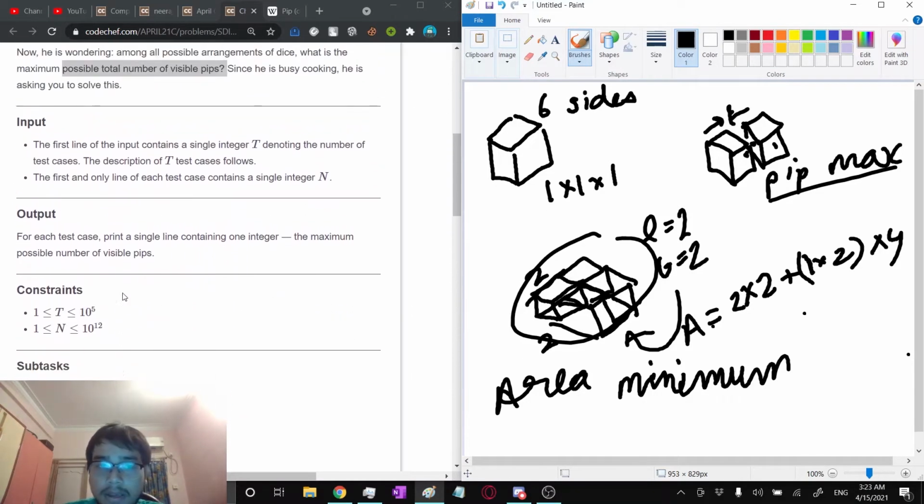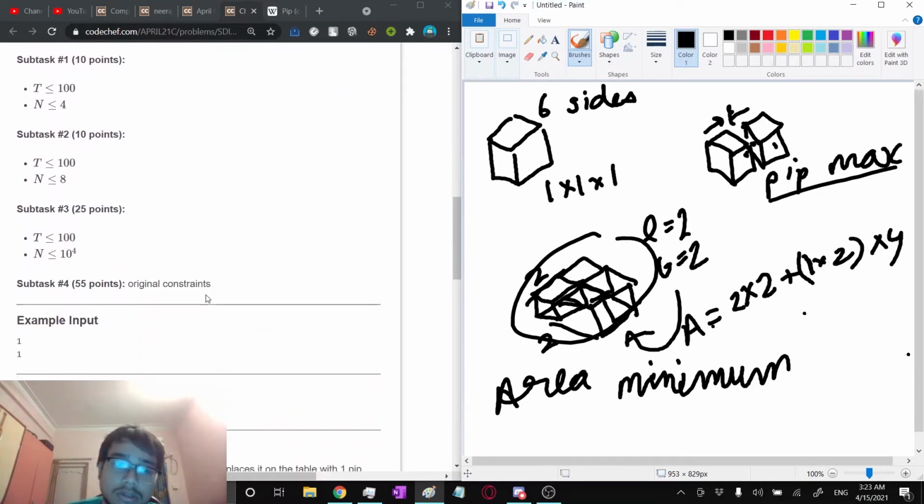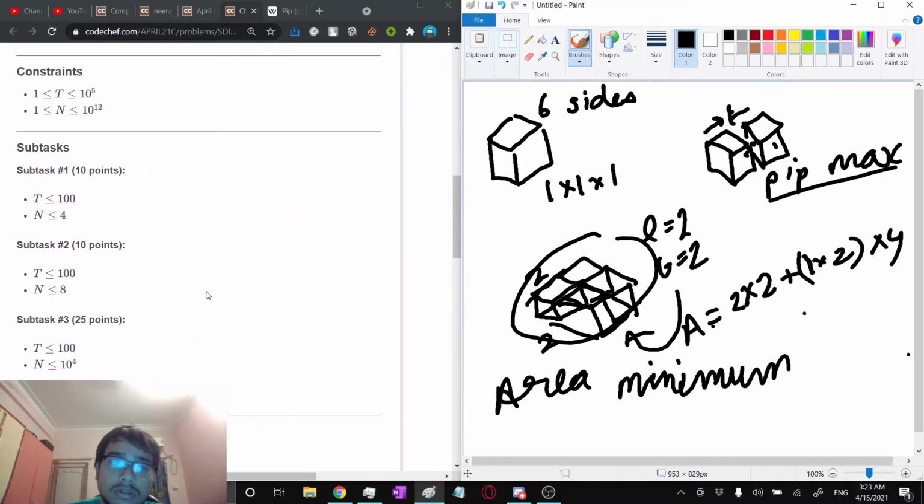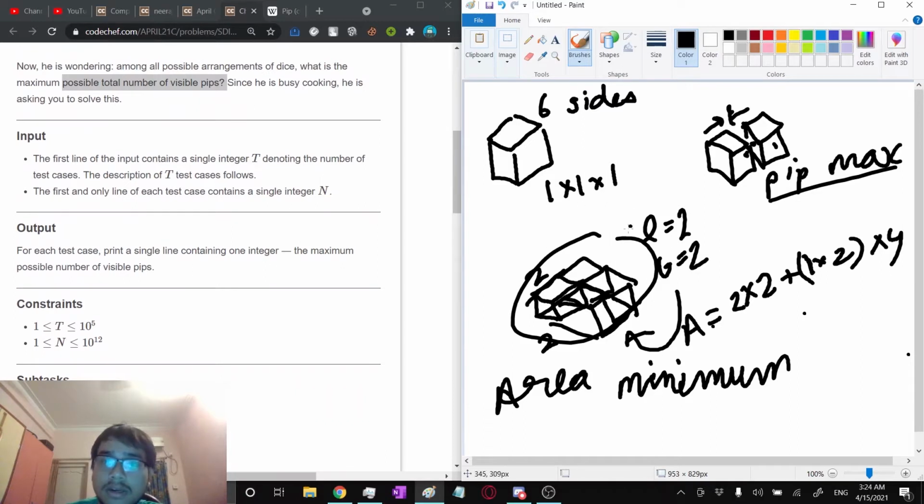Before trying to understand the code, we first have to understand the mathematical pattern that is going on here.